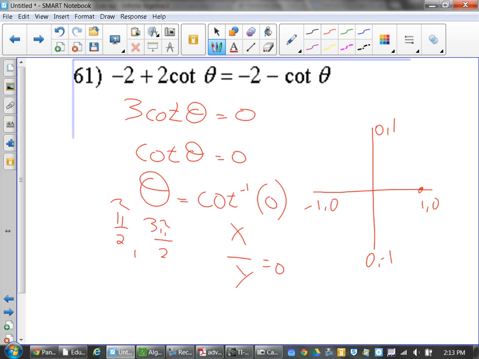If it asks for the general solution, it says pi over 2 plus pi n because it's pi to get from here to here, pi to get back, and so on. The pi over 2 n form is if you're at 45 degrees in all 4 quadrants. If you're at pi over 4, that happens when you have a plus-minus tangent problem.